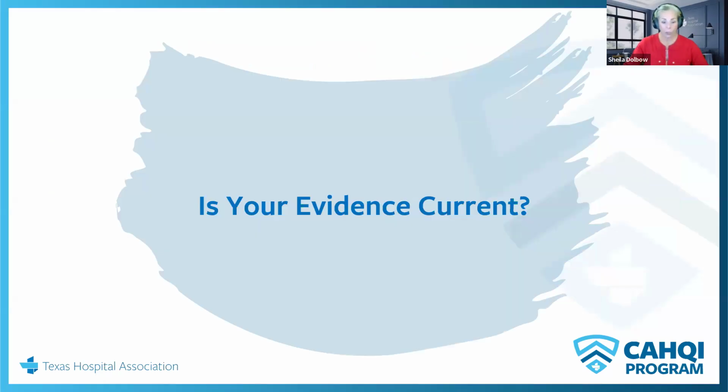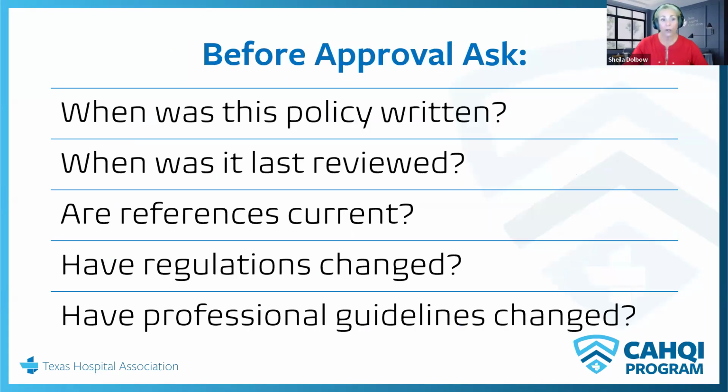So is your evidence current? We again have to make sure that whatever we're using for a policy and procedure, or when we're looking at one that has been shared with us, we have to look at when it was written and when it was last reviewed, because it may be a policy that was originally written in 2000, but it was recently reviewed as recent as last year.